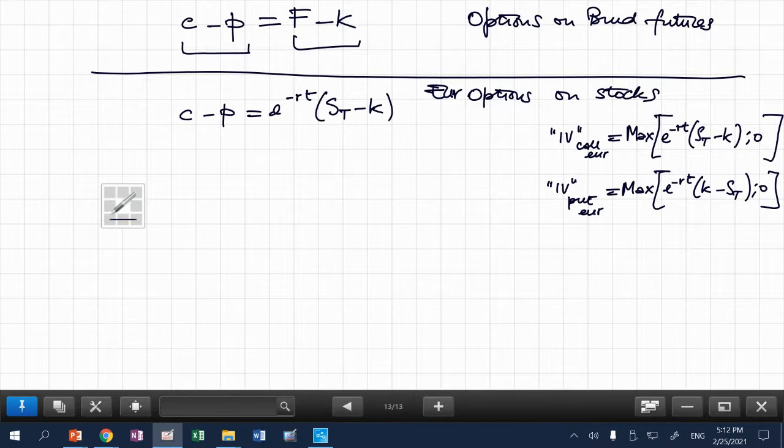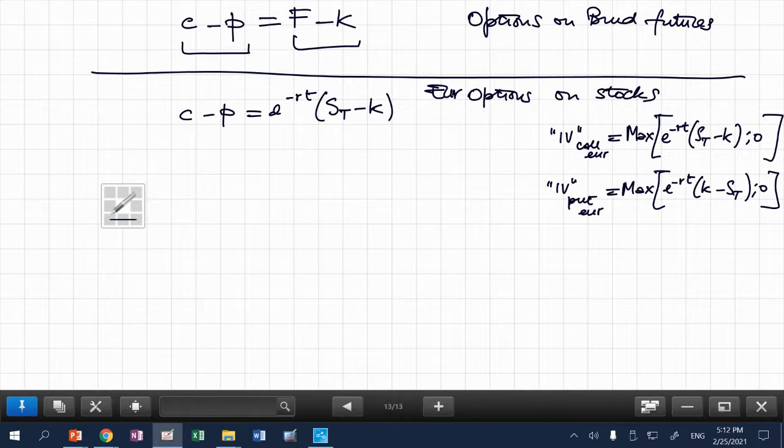Now, one small extra. In the Hull textbook, in the part that you can read yourself easily and quickly, there are a lot of pages looking at the put call parity for options on stocks that pay no dividends, options on stocks that pay continuous dividends, options on stocks that pay discrete dividends, options on currencies, and you have 4 different formulas. My personal suggestion is just to remember this one, because this formula is correct for all of these cases.